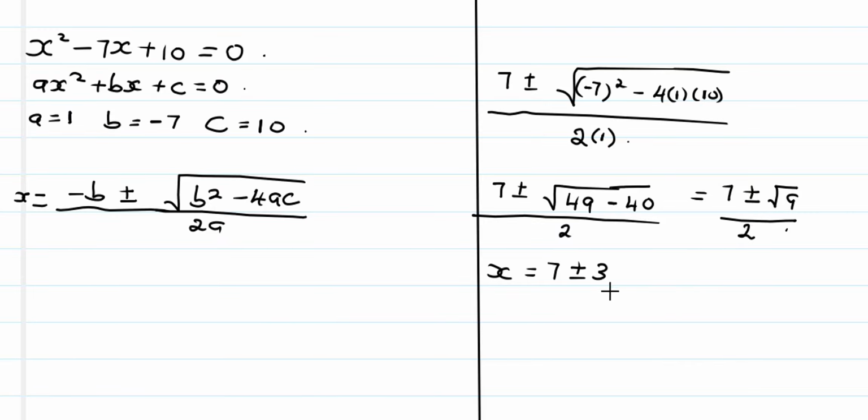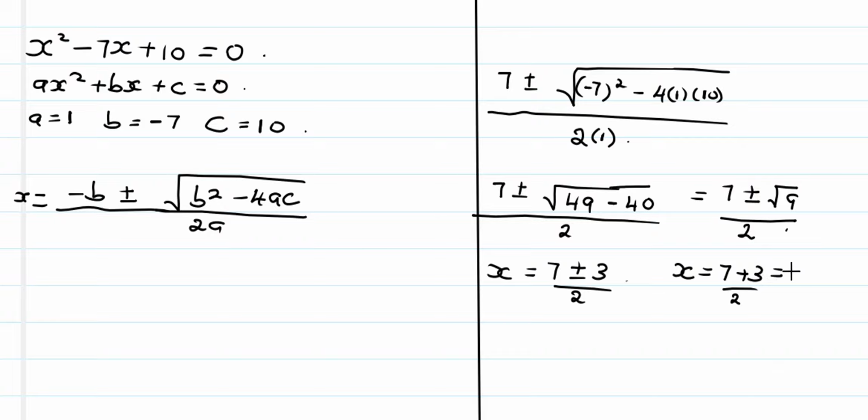Here we have plus or minus, so it means we have two scenarios of 3, where 3 is positive and where 3 is negative. For the first instance, where 3 is positive, x equals 7 plus 3 divided by 2.